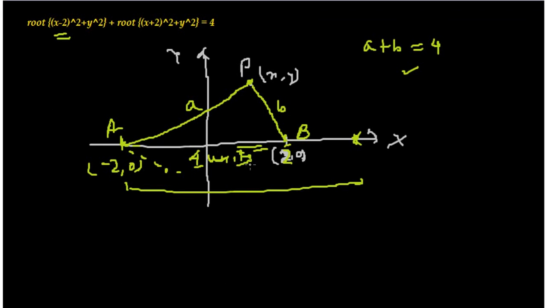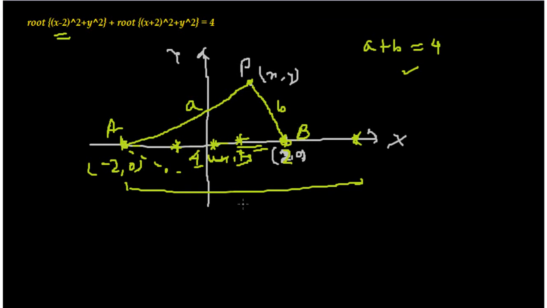So in no case can the locus of point P be beyond line segment AB. It must always be on line segment AB, and it can be any point on it, whether it is this or this or this, or on point B itself or point A itself, the sum will always be 4.